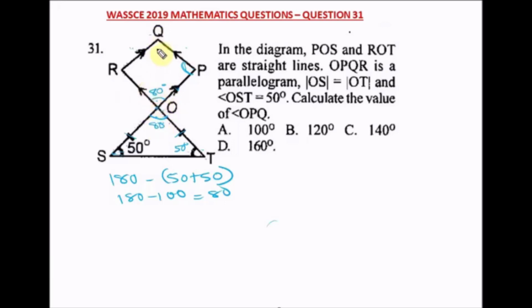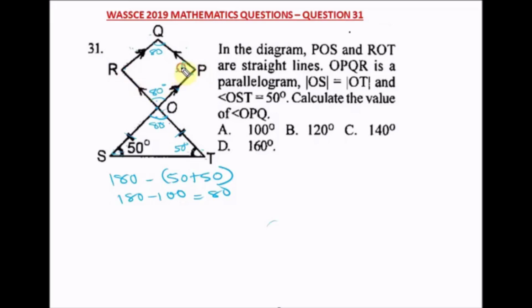So if this is 80, this is also 80. That's the property of a parallelogram. Opposite angles are equal, and this angle is also equal to this, and we are looking for this angle here.